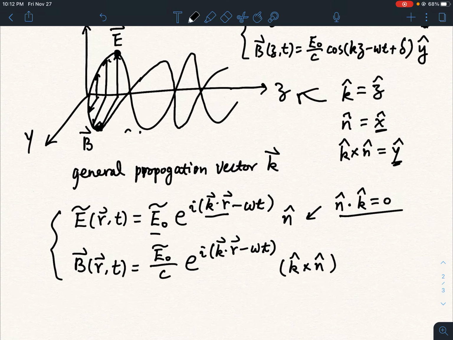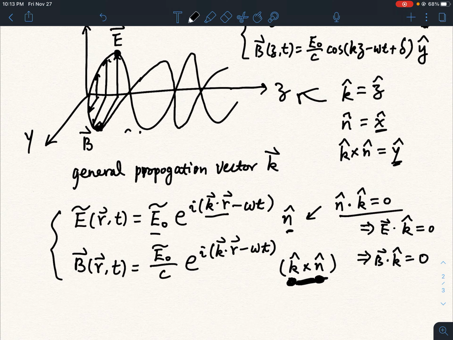You can see that E is along this n direction, so E is perpendicular to the wave propagation one. B, of course, is in the direction k cross n, and we know that the cross product gives you a vector that is perpendicular to k and also n hat.